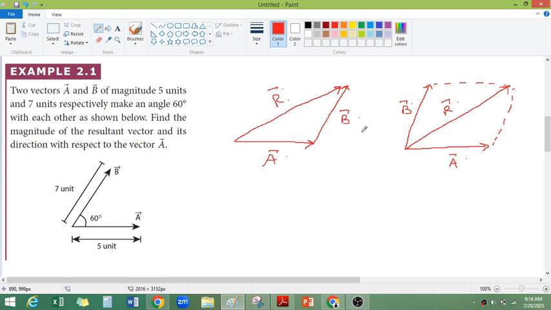Don't think that you will get two different answers. This is the triangle law of vector addition. This is the parallelogram law of vector addition.